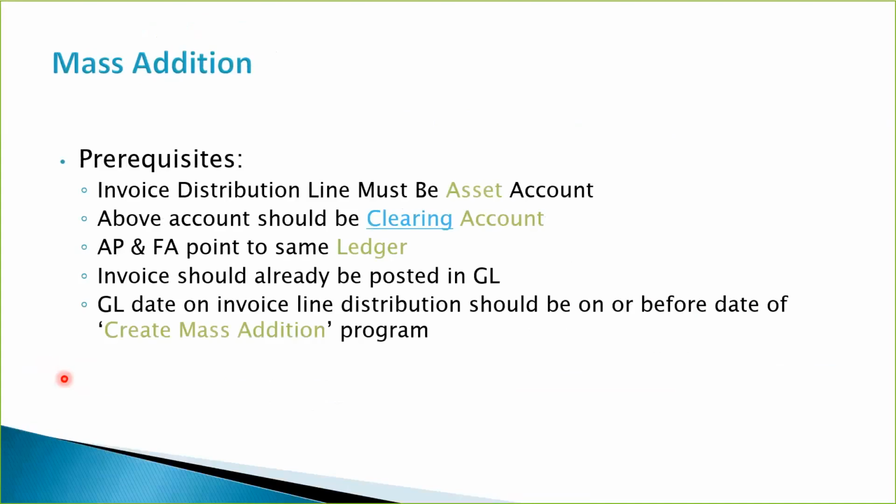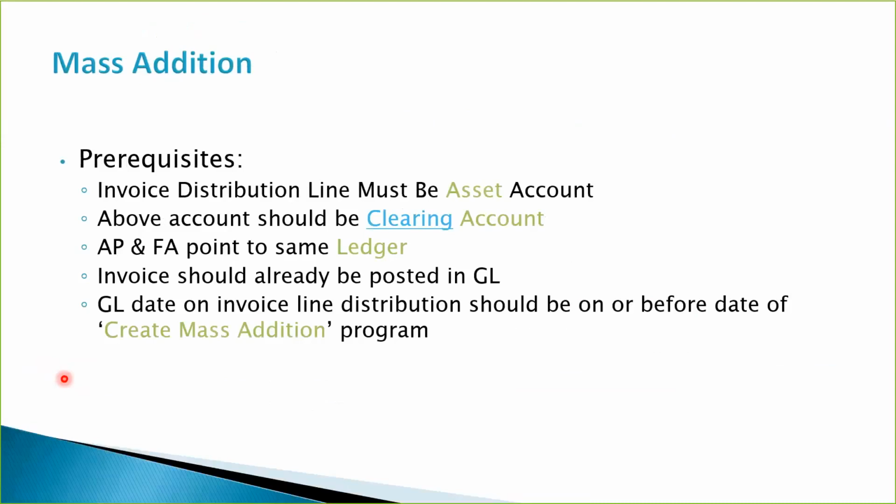In order to do this, you have to have a couple of things set up. Remember, as I said, we are doing mass addition from payables. The scenario would be you have purchased an asset.